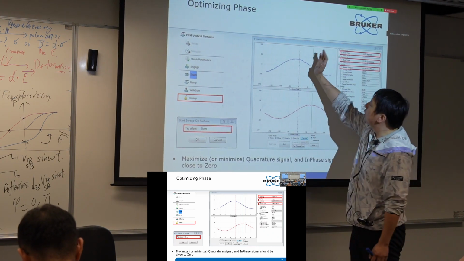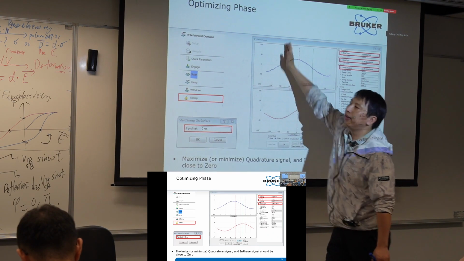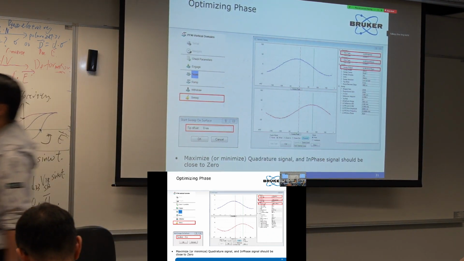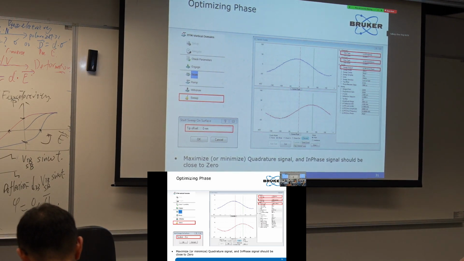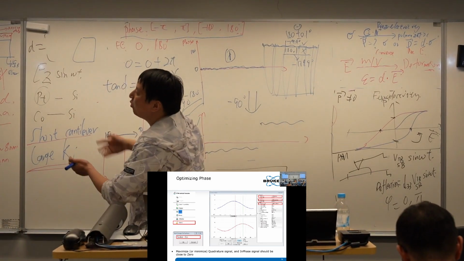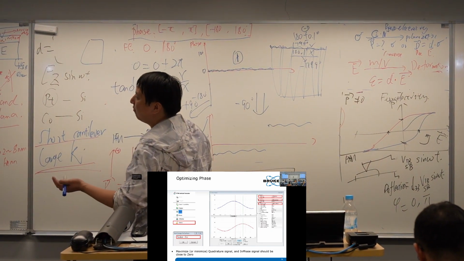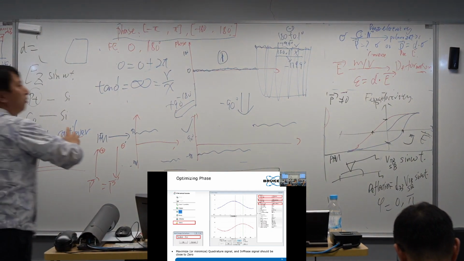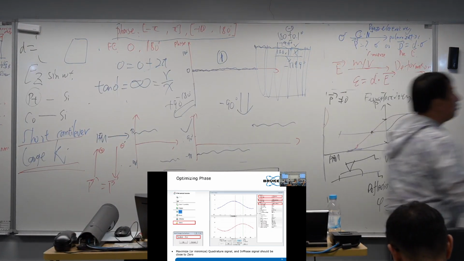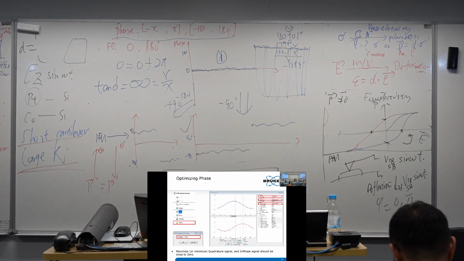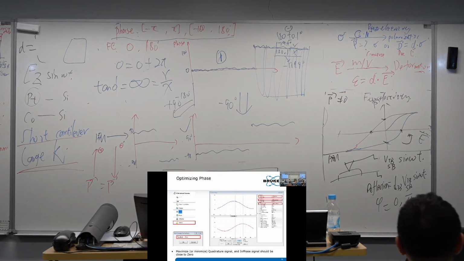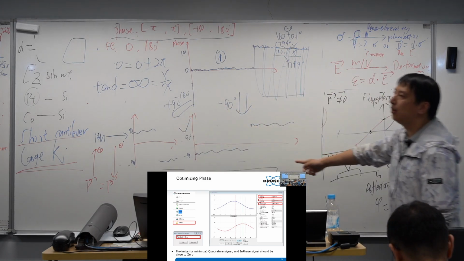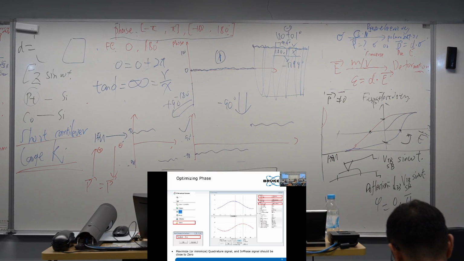Of course, you can choose this one, and then your tangent phi is kind of negative infinity. I'm sorry, there's no negative infinity, but this one means negative half pi. So this one is pi, this one is half pi, representing plus 90 or minus 90. Doesn't matter.